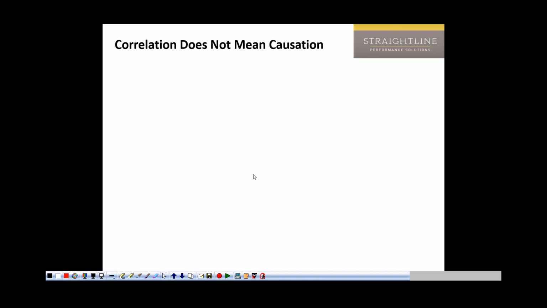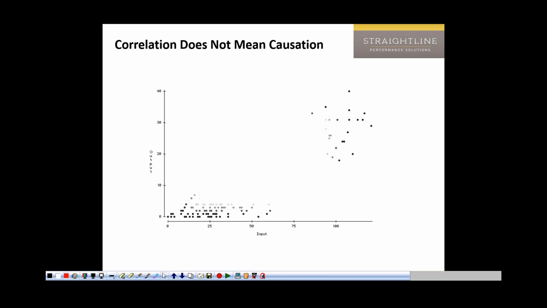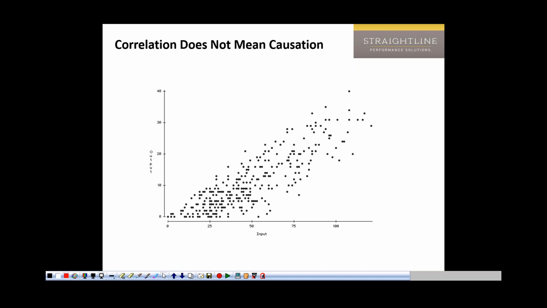Suppose I got some data and the scatter plot looked like this, and we're going to learn how to interpret this, but it certainly looks like there's a relationship between the input and the output, whatever those are, x and y. It certainly looks as if, as the input increases, the output also increases. But I want to be very careful about saying one causes the other.